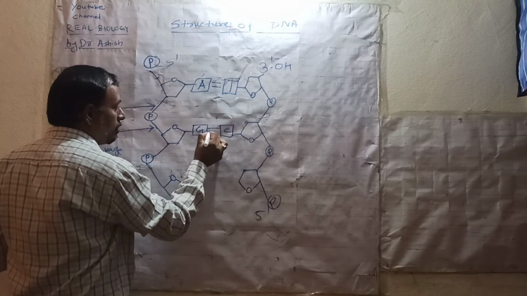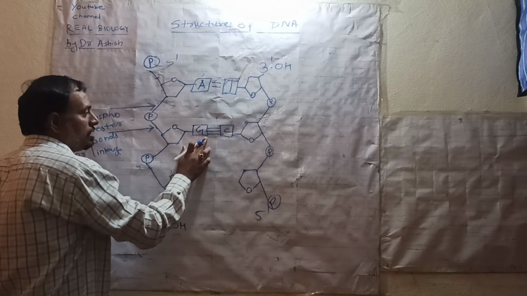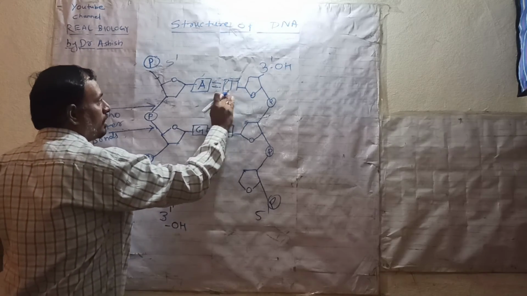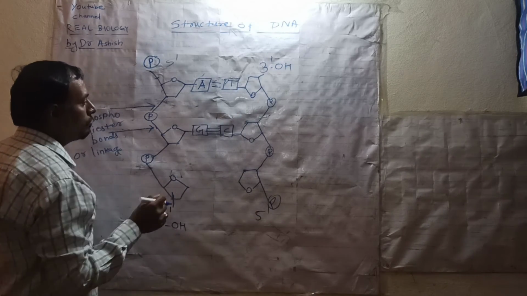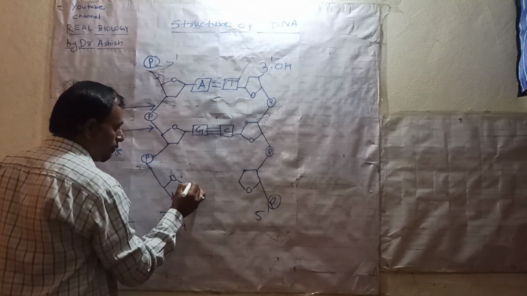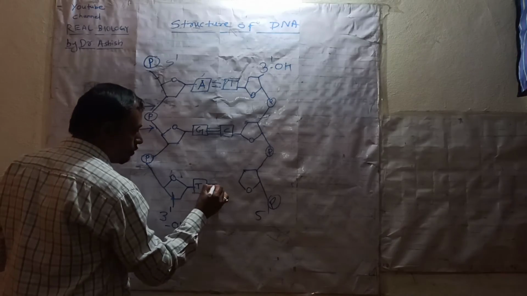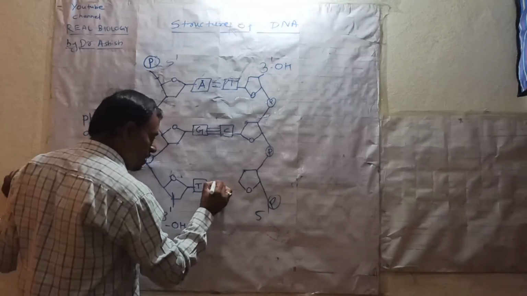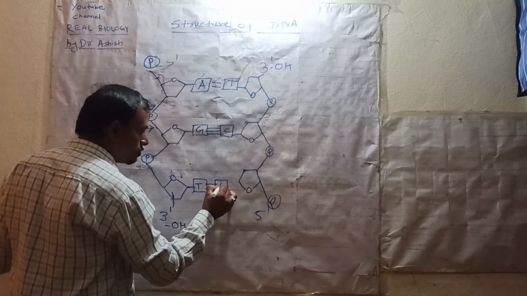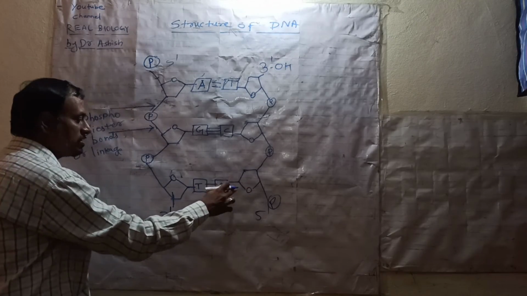How many bonds will be there? 3. If the pairing is GC, 3 hydrogen bonds. If the pairing is AT, 2 hydrogen bonds. Then if we take T here, it will join with A with the help of 2 hydrogen bonds, and this A will be joined to the sugar at the first carbon.